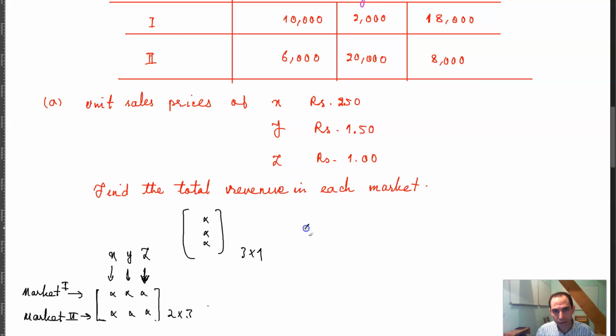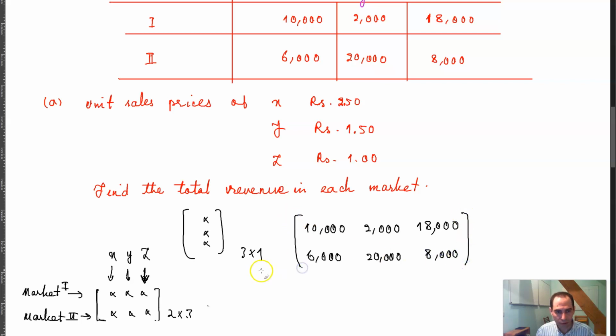So I write this as 10,000 and 2,000 and 18,000, and then I can write over here 6,000 and 20,000 and 8,000, and then I can multiply this matrix by these unit prices, which is 2.50, 1.50, and 1.00, right?